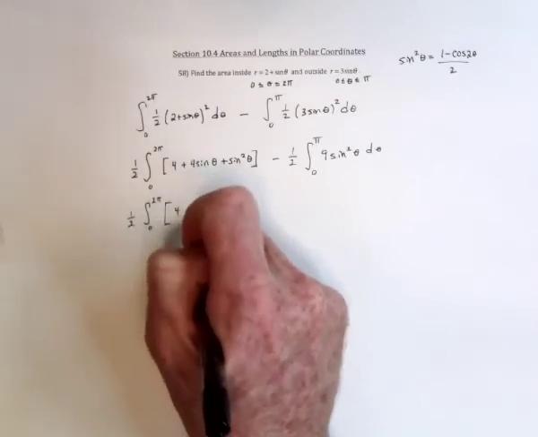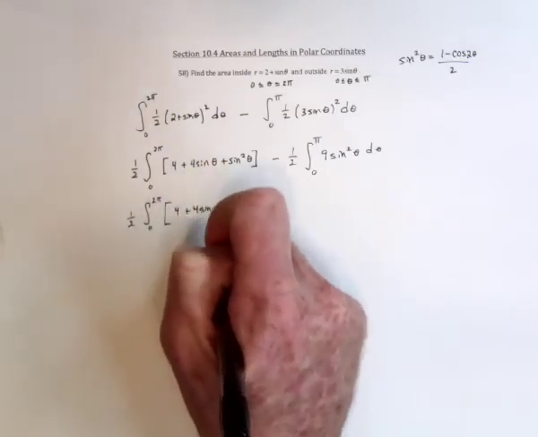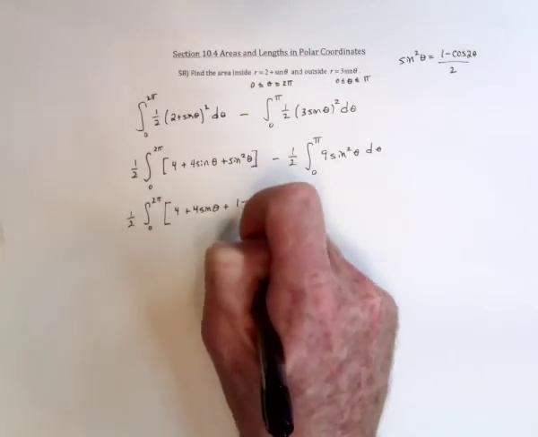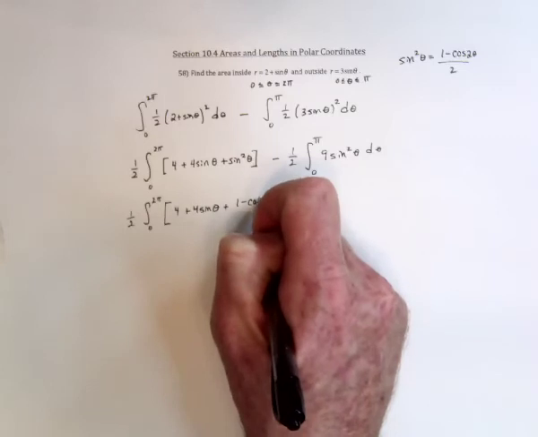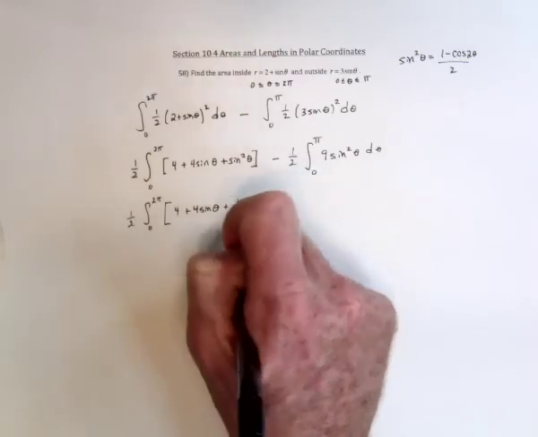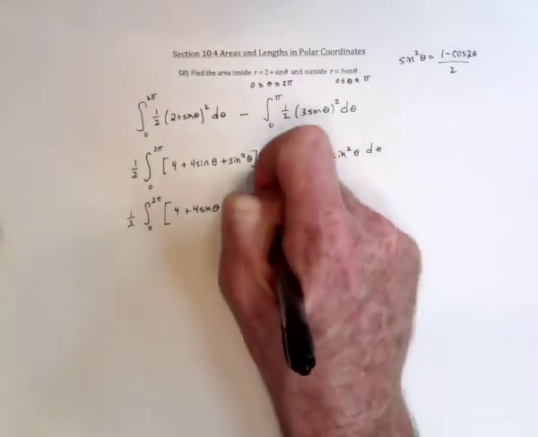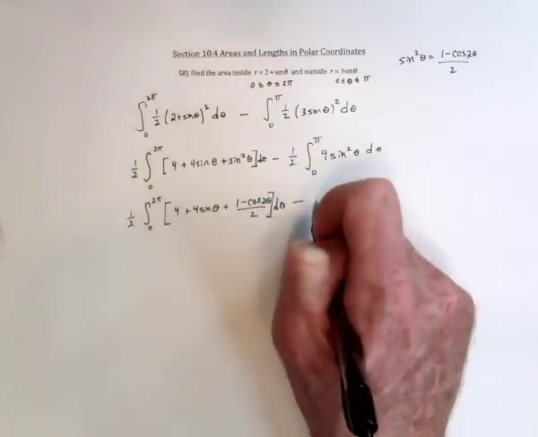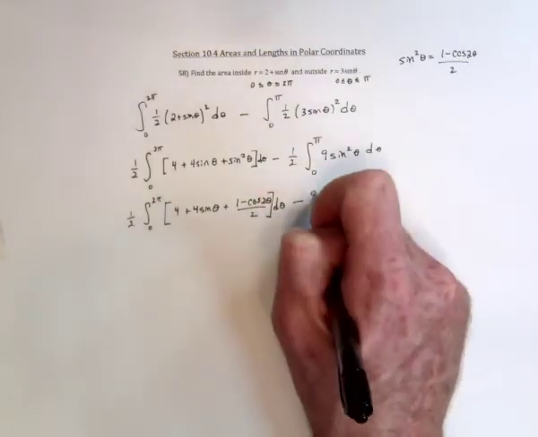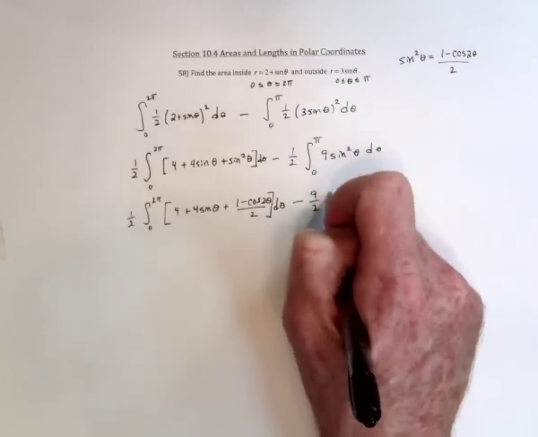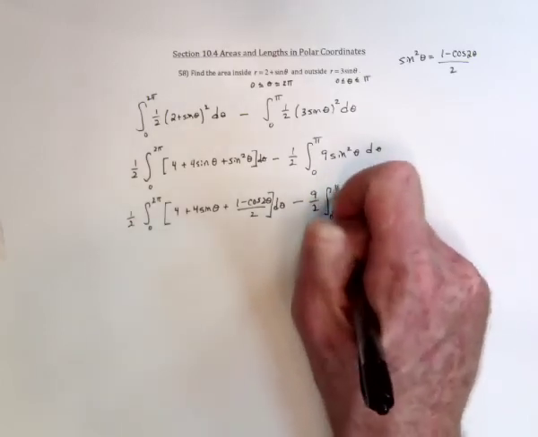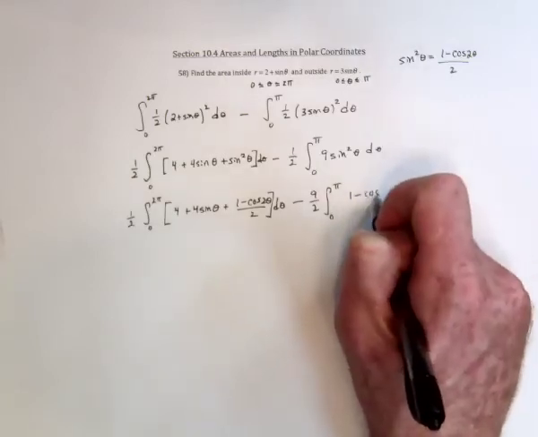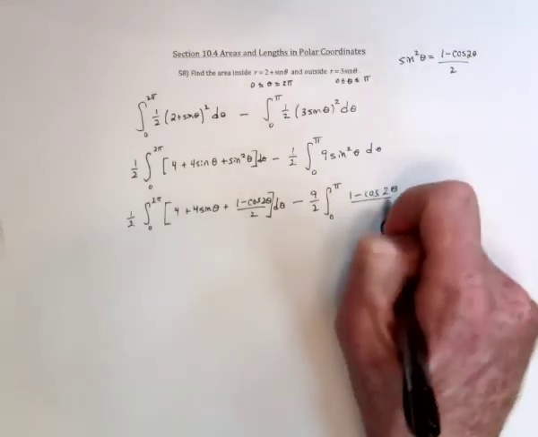So 4 sine of theta, and then 1 minus cosine of 2 theta over 2. I'm going to factor out this 9, so there's 9 halves, and then integrate from 0 to pi 1 minus cosine of 2 theta over 2.